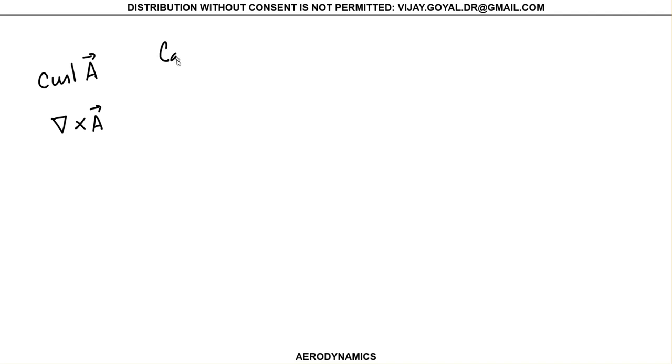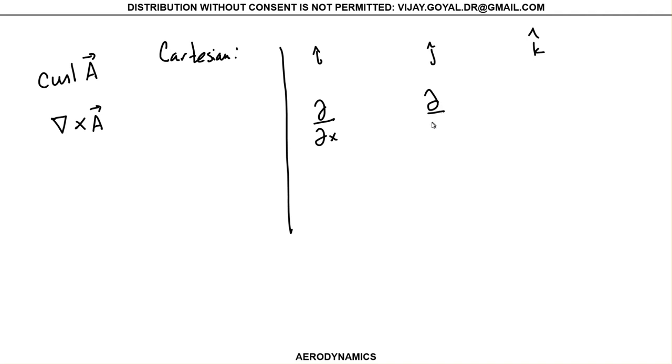When it's Cartesian, your Cartesian coordinates look like this: i, j, k, partial of x, partial of y, partial of z, ax, ay, az. These are the components of this vector.